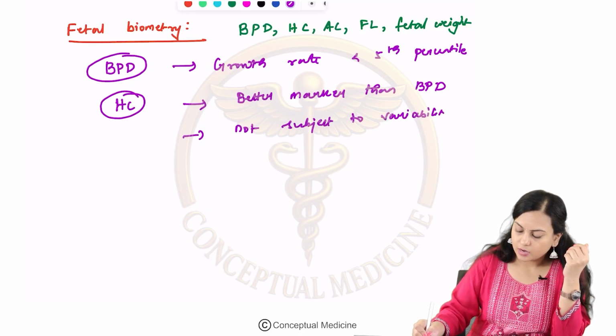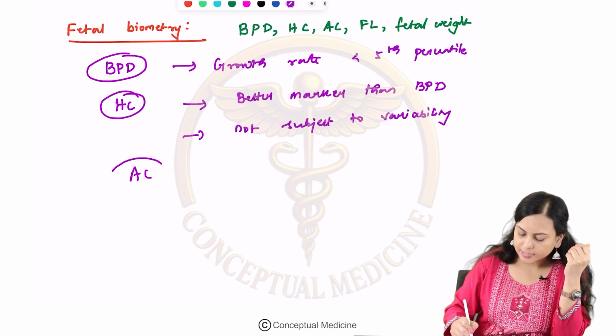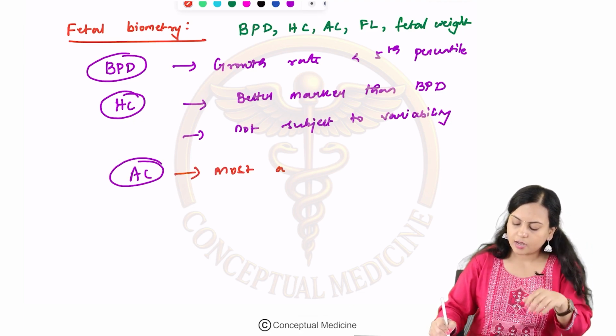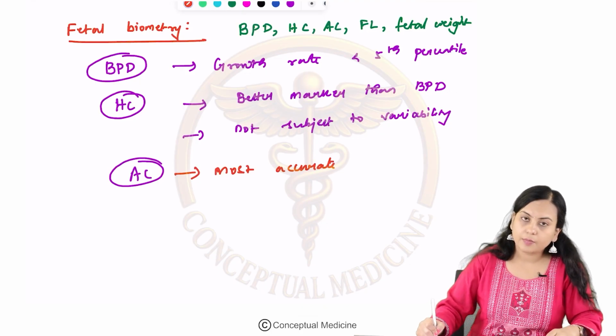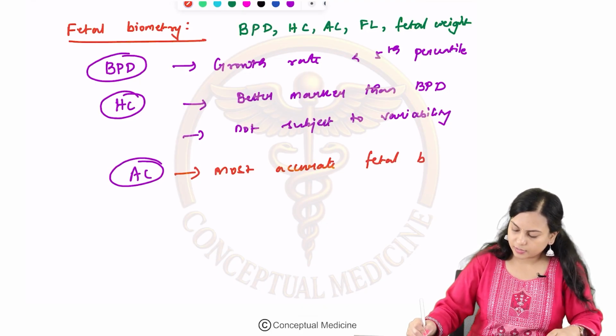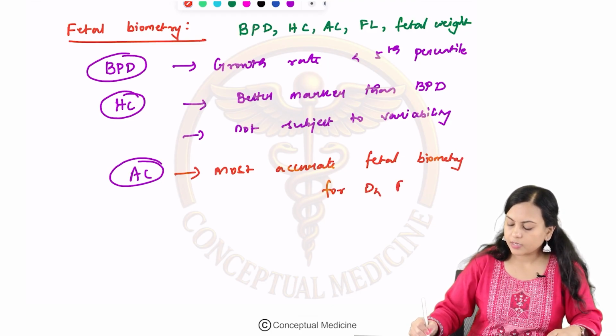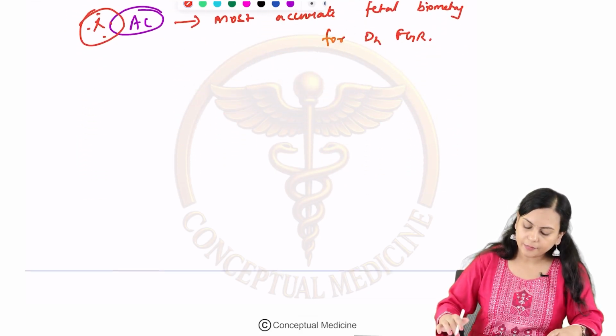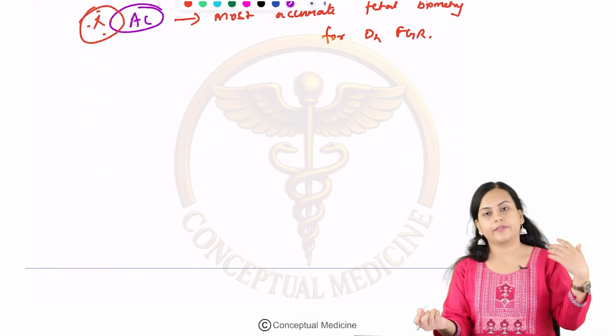Clear? And then you have the AC. So this is the most accurate fetal biometry measurement for diagnosing FGR.